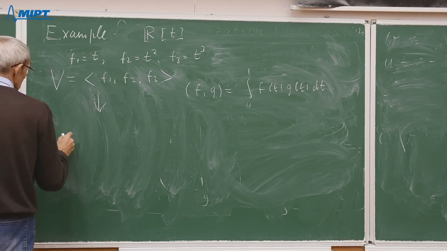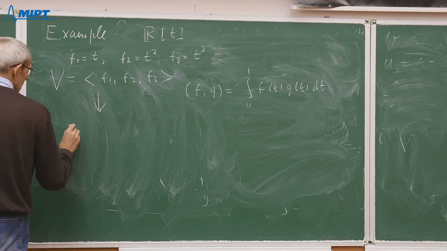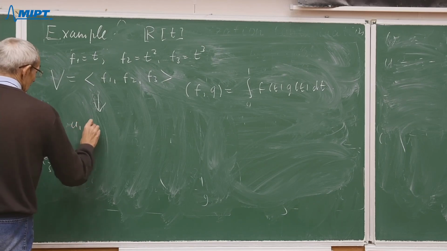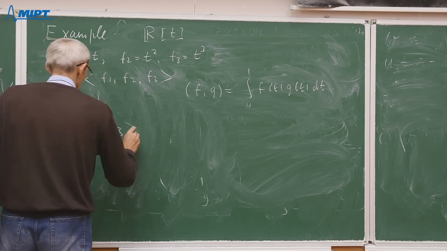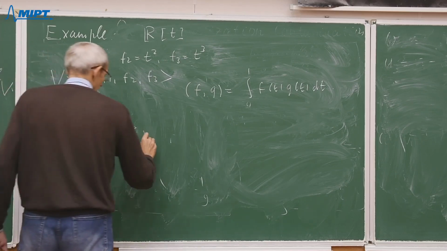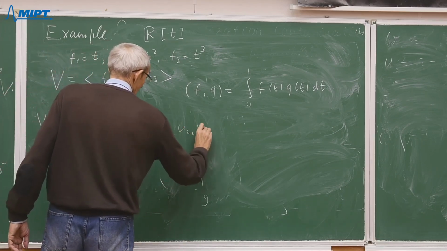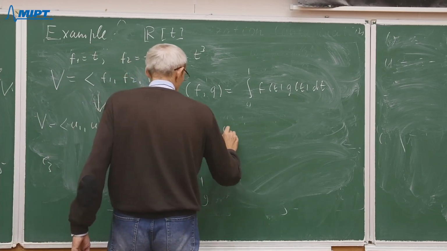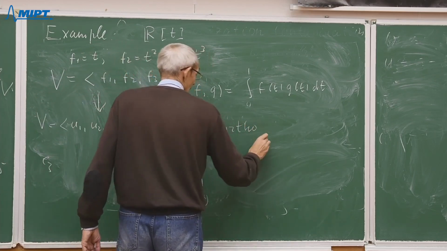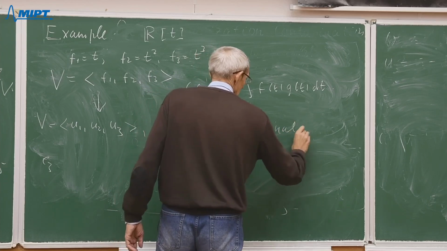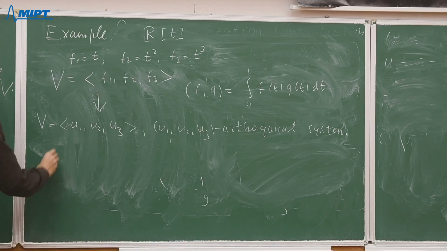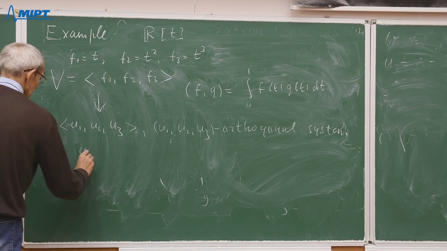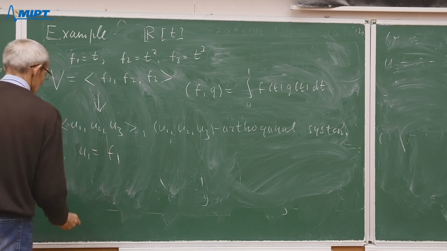Find the orthogonal system U1, U2, U3. The first step of the solution of this problem is the following. U1 is equal to F1.